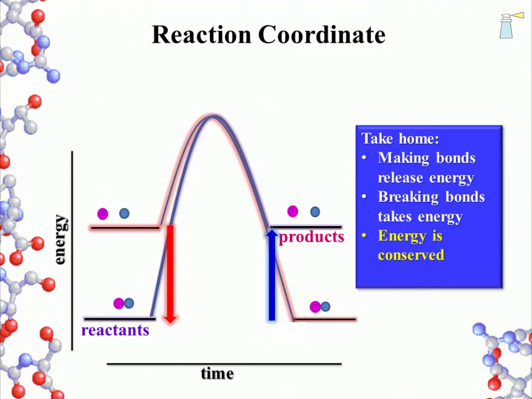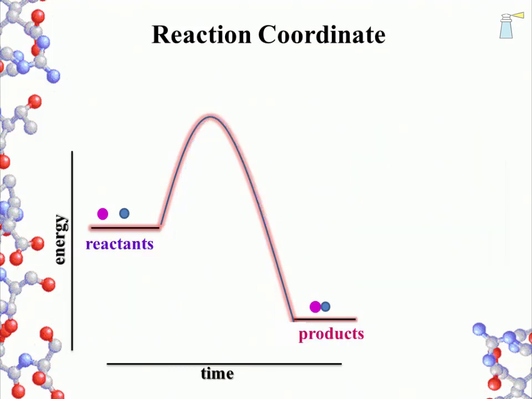One last concern with the reaction coordinate, and this is best shown with the favorable reaction coordinate. It has to do with the activation energy. It is the energy barrier to the start of the reaction, and on a first pass, it can be said to indicate how slow or fast the reaction moves. Bigger barriers, slow. Smaller barriers, fast. There is a way to reduce the height of the barrier.